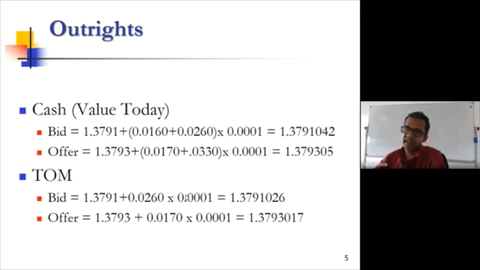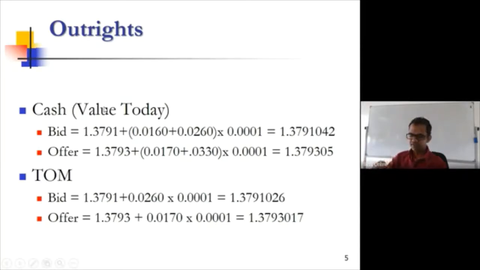We know what a cash transaction is. A cash transaction is a transaction where we settle on the trade date itself, value today. Cash transaction means in FX value today.